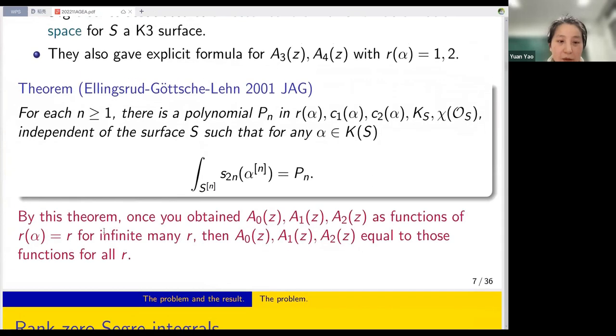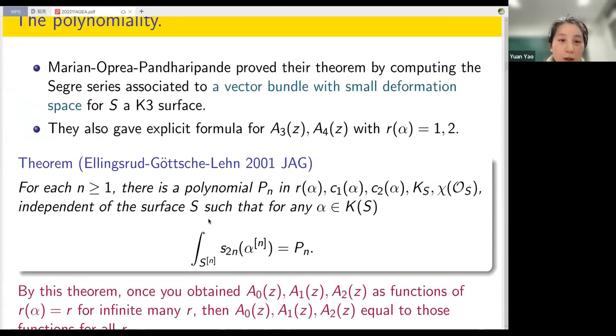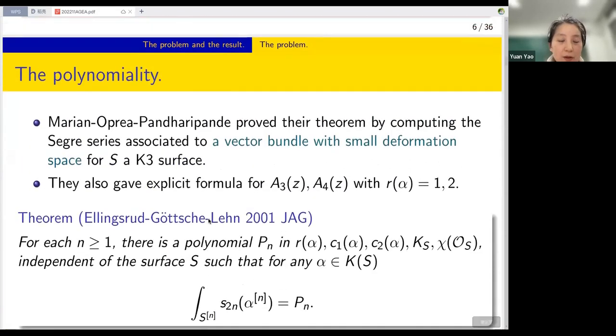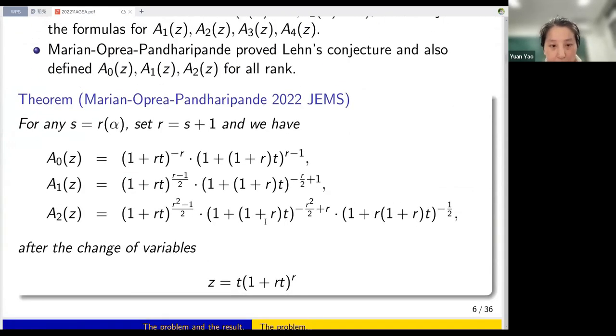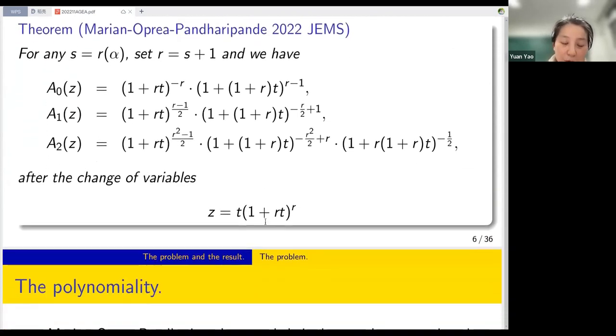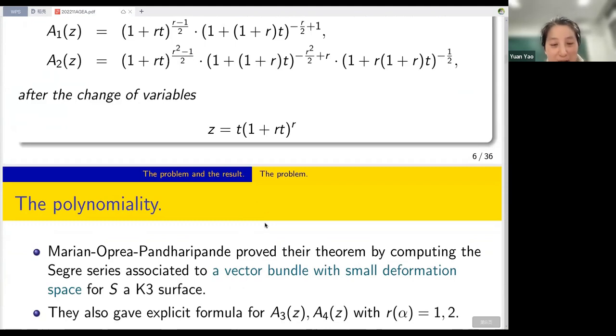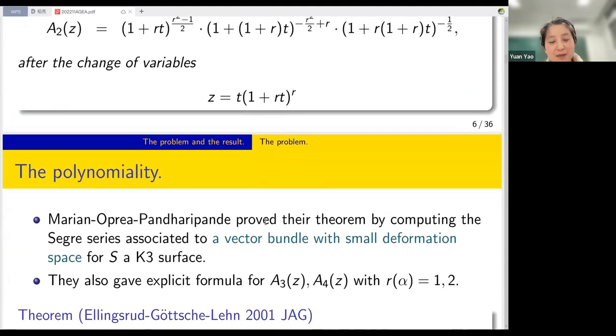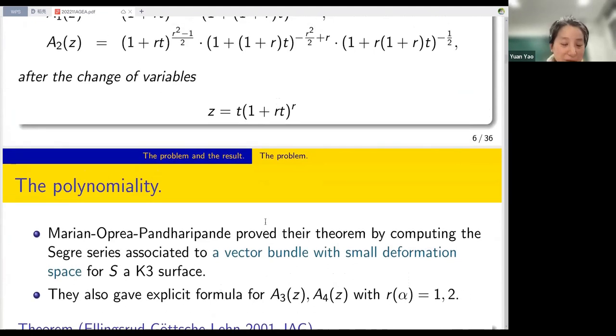So by this theorem, once you obtain A0, A1, A2 as functions of R for infinitely many R, then they are equal to those functions for all R, and you get the statement for all R. So that's how they get it. Actually, you can imagine that if you have a vector bundle, it should be relatively easier to handle.